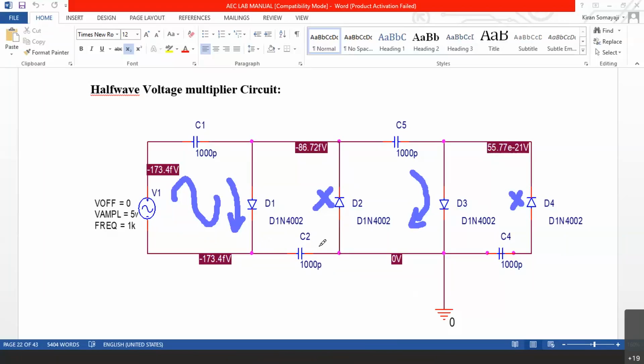But at that time, C2 is not passing AC because D2 is not conducting. Okay, when D2 is not conducting, D1 is conducting. In which direction will the capacitor get charged? Can anybody tell?